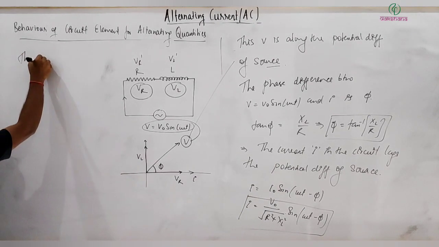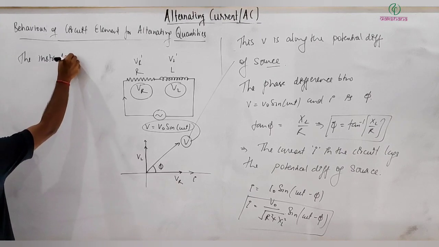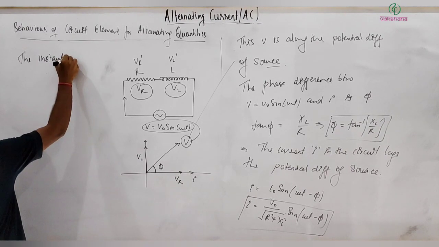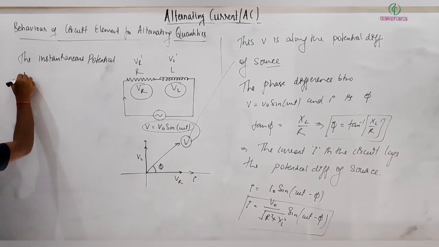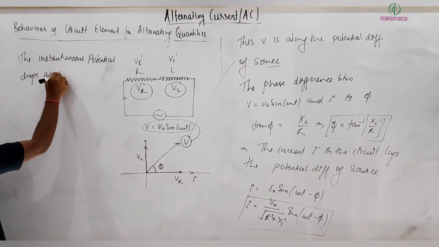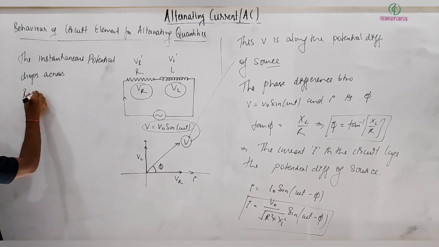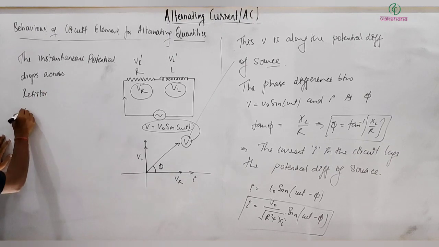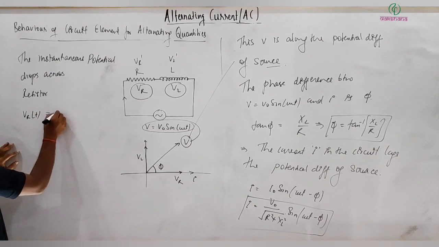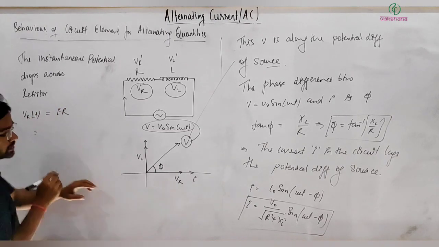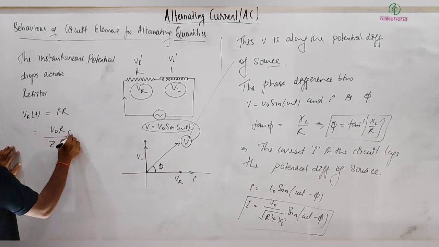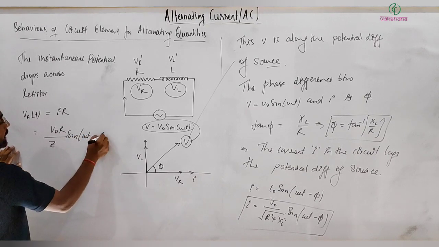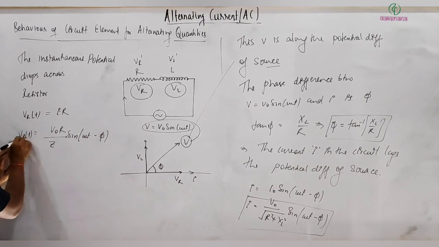The instantaneous potential drop across the resistor, VR as a function of time, will be equal to what? I multiplied by R, and I is equal to this. So it will be equal to V naught into R divided by Z into sine of omega t minus phi. This is VR instantaneous.